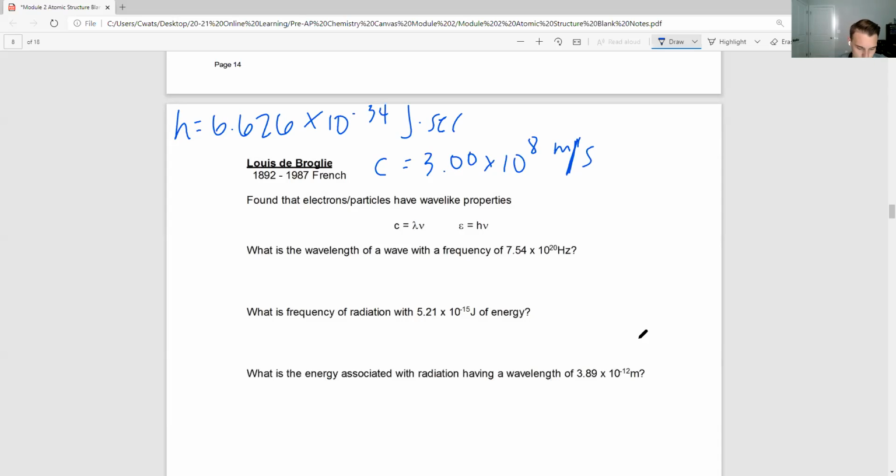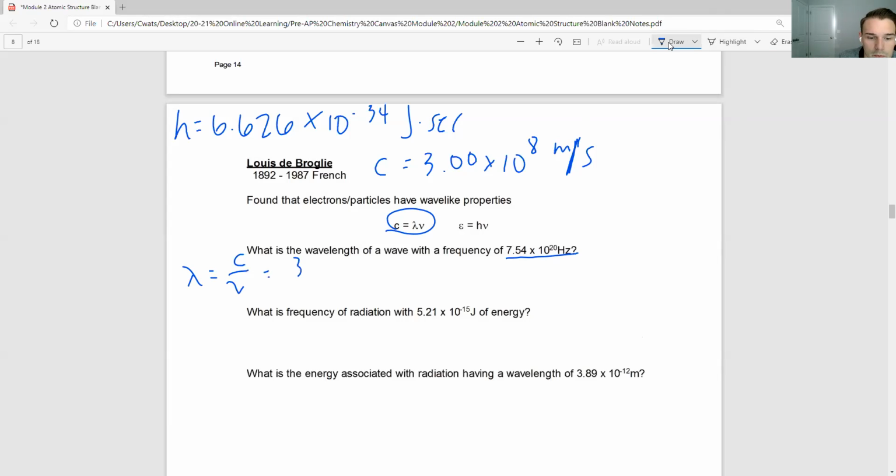So question number one, what is the wavelength of a wave with a frequency? So here's our frequency. We want wavelength, so I'm going to have to use this equation here for this one. So I'm just going to rearrange it for wavelength. So wavelength is equal to c over nu.